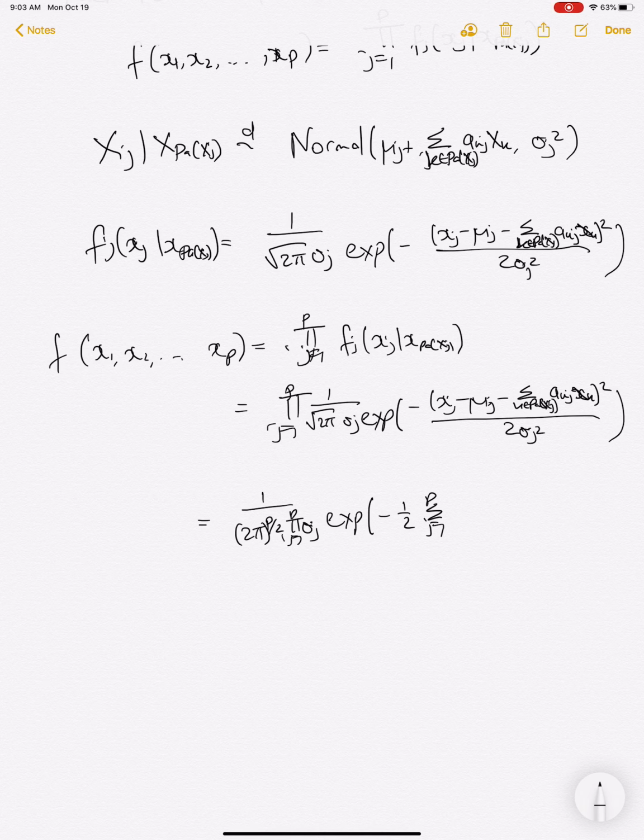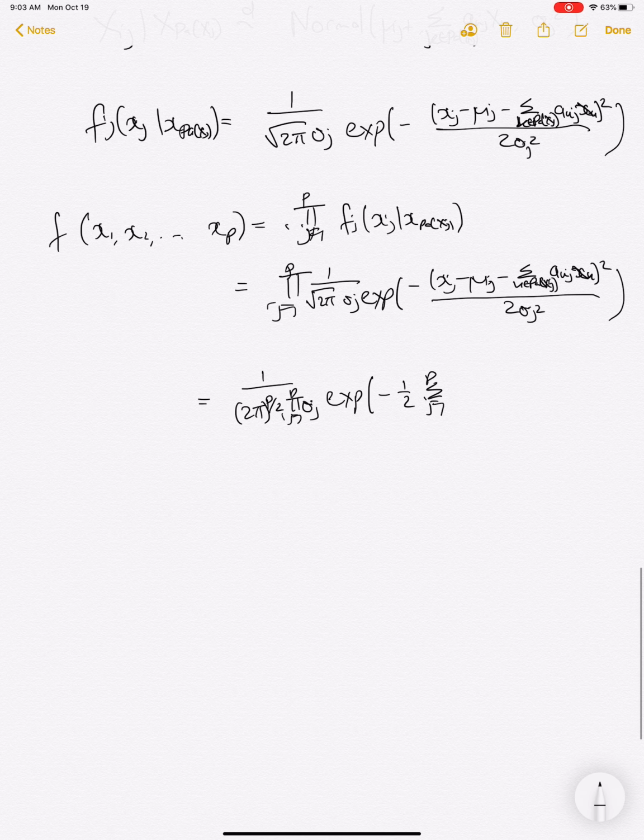Once again, we can take the product of the exponentials into the exponential of the sums.